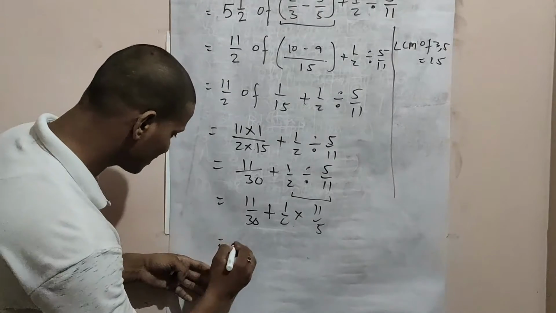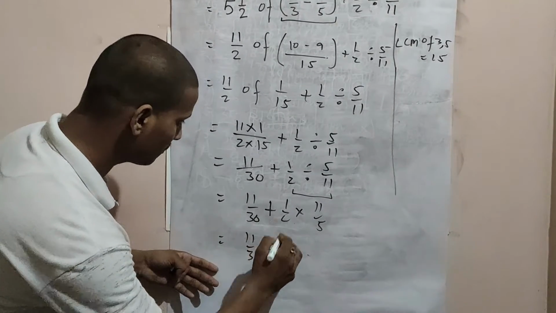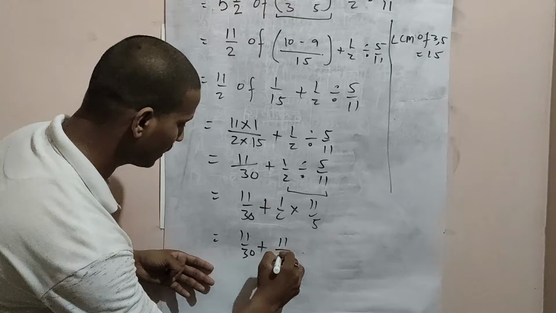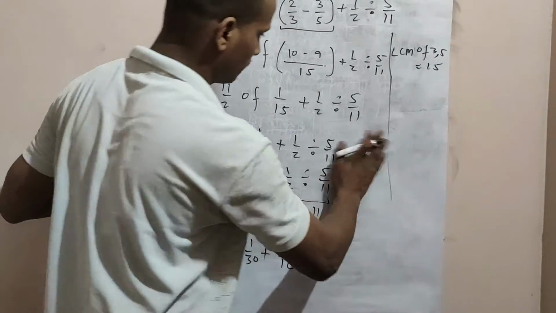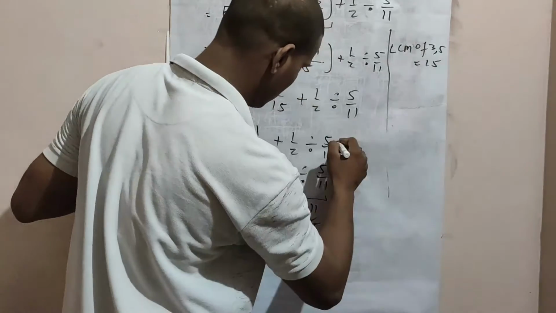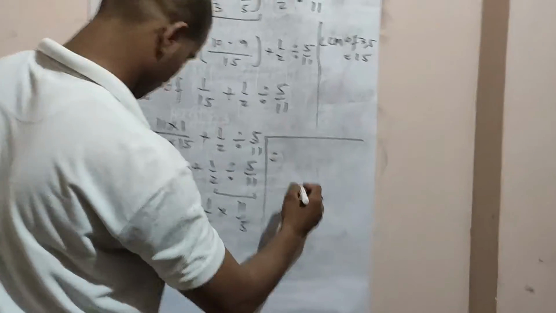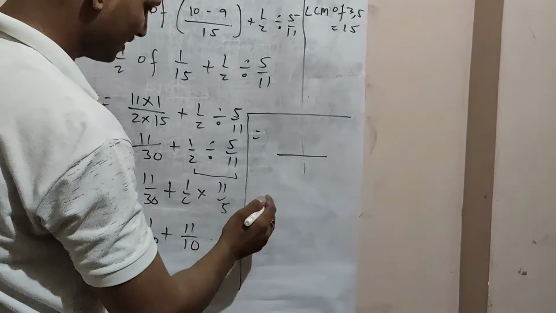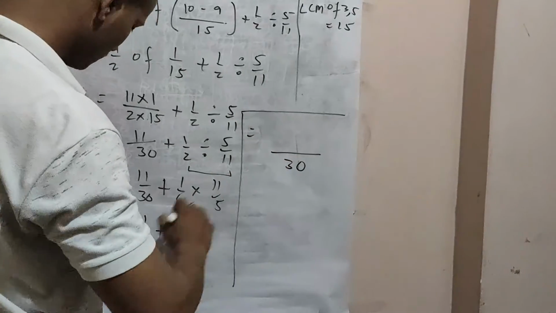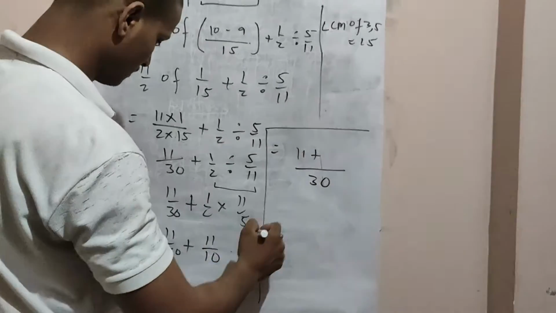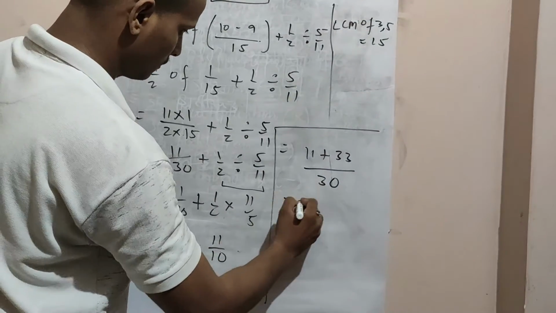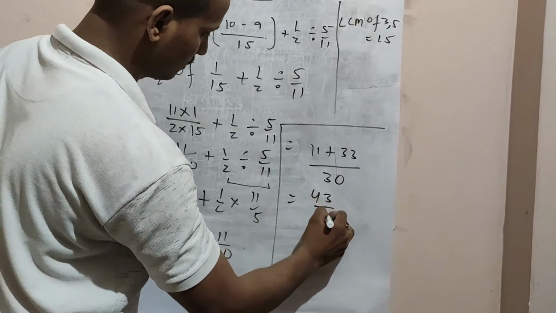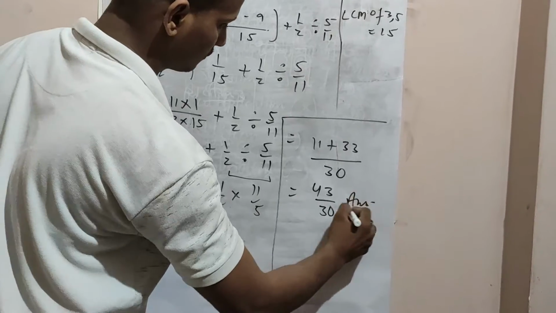Now one more multiplication is there: 11 by 30 plus 11 1s are 11 and 5 2s are 10. Okay, now here, LCM of 30 and 10 becomes 30, means 11 plus 11 3s are 33, that is 43 by 30 is our answer.